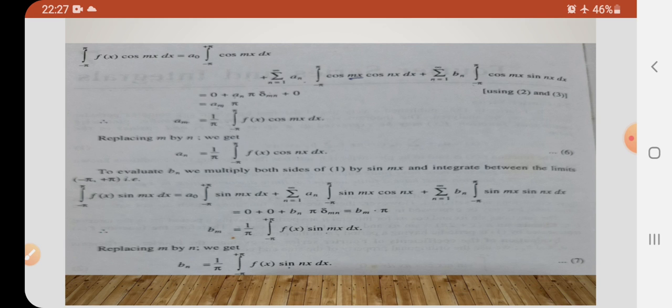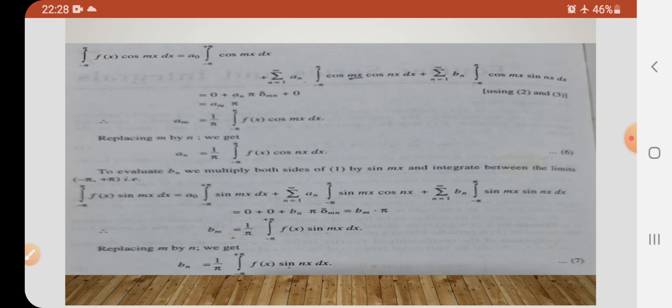We can write the equation: the integral of f(x) cos mx dx equals a0 times the integral from minus pi to plus pi of cos mx dx, plus summation of n equals 1 to infinity a_n times the integral from minus pi to plus pi of cos mx cos nx dx.